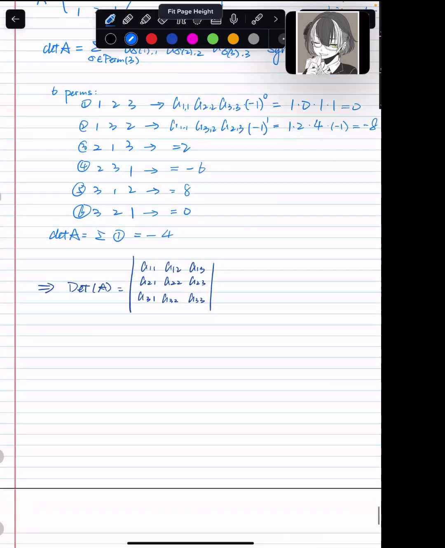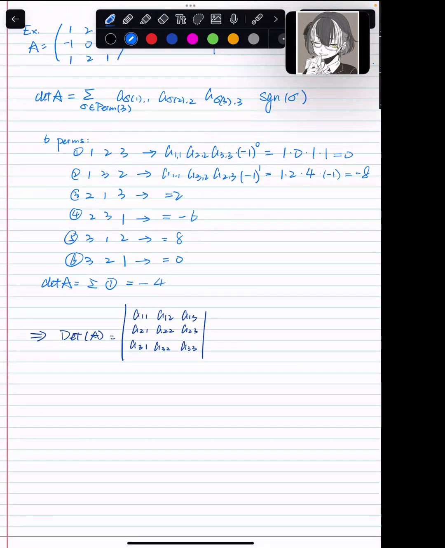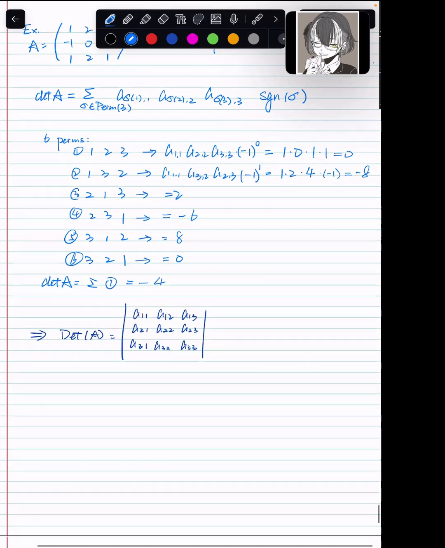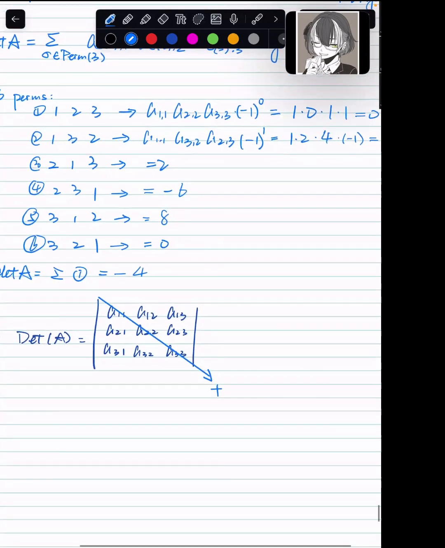So we know our first case was to just do 1, 2, 3. That's like right here. And in this case, it is positive. Okay, now I have 1, 3, and 2. So what we do is actually we copy down the first two columns.